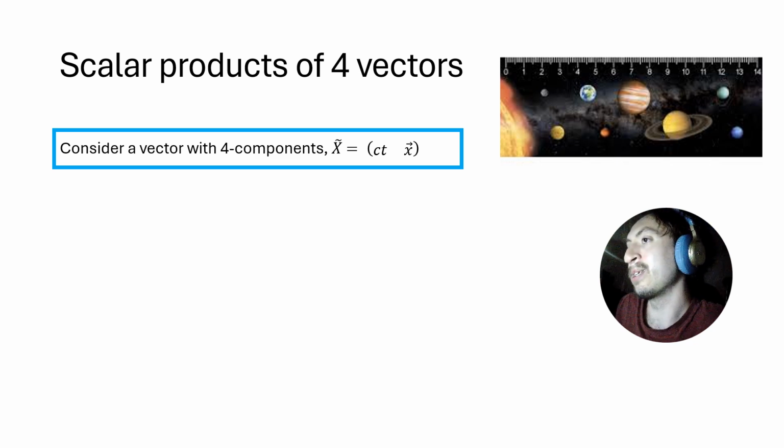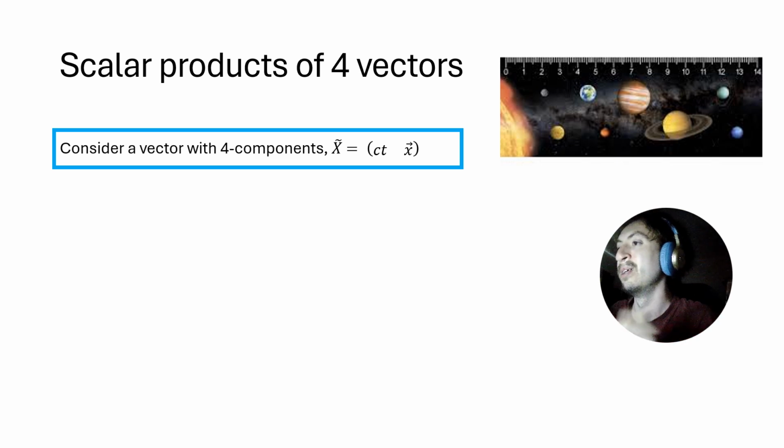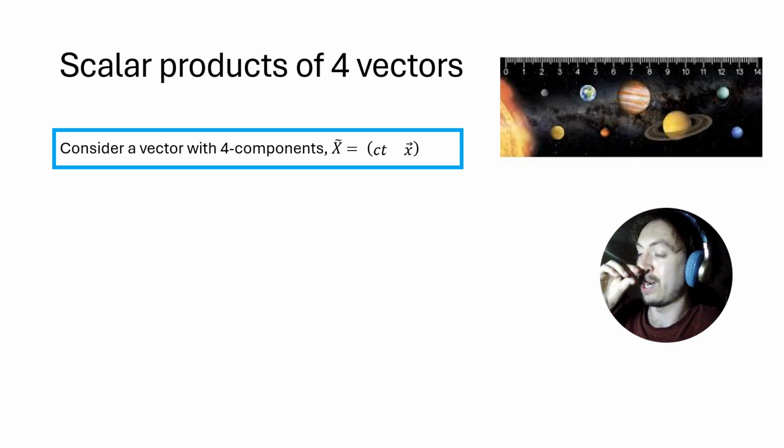In that case, if we label our axes ct for our time axis and x for our space axis, then dt is going to be the same thing as just t, our value along the time axis, and similarly dx is going to be the same thing as x, our value along our spatial axis. So we can always do this.